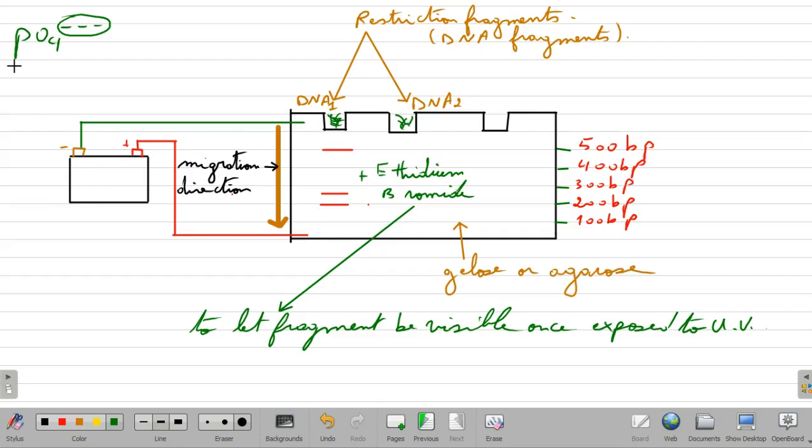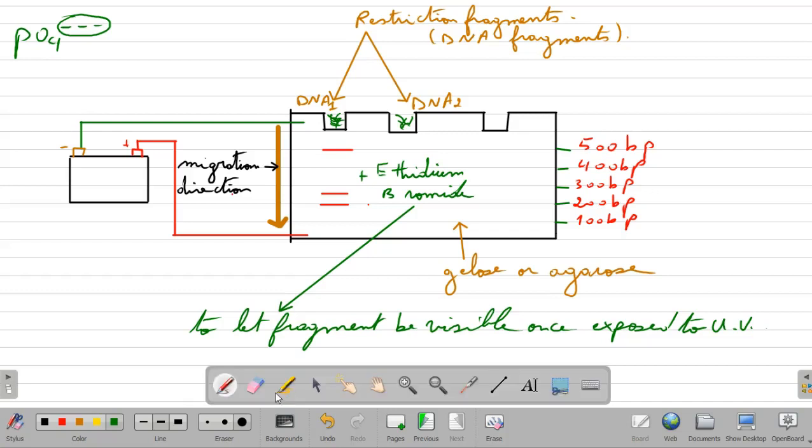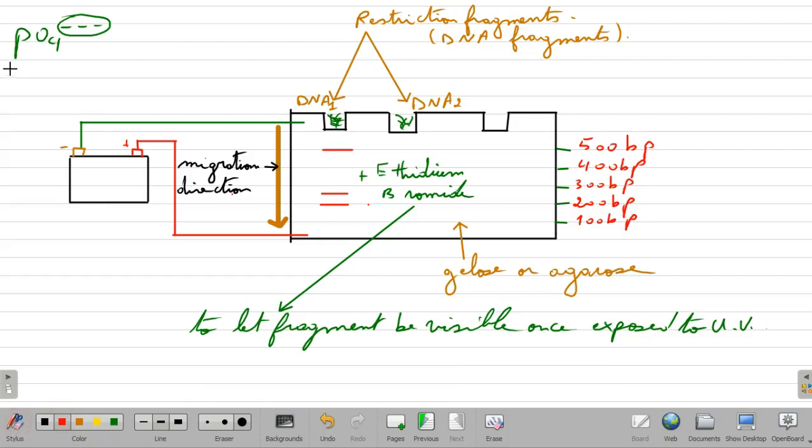Now these fragments, since DNA contains phosphoric acid, carry a global negative charge, which implies that the attraction will happen toward the positive pole of the battery. These fragments are attracted according to their size.